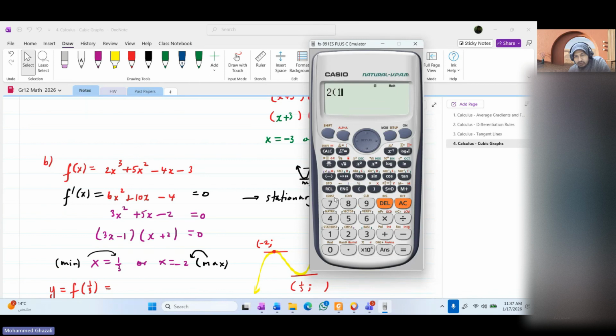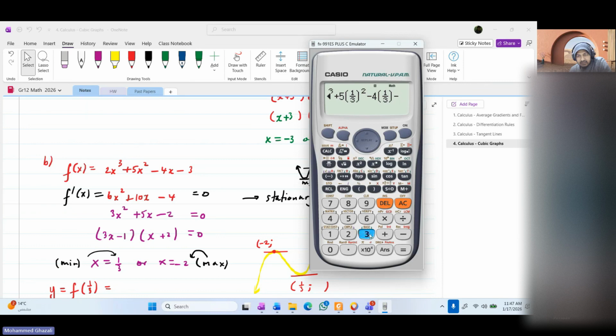2 into 1 over 3 to the power 3, plus 5 into 1/3 to the power 2, minus 4 into 1/3, right?